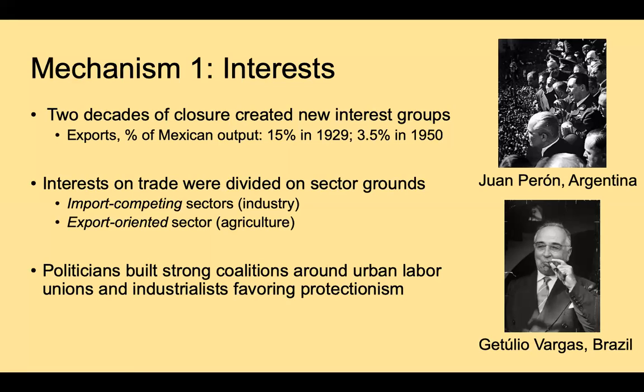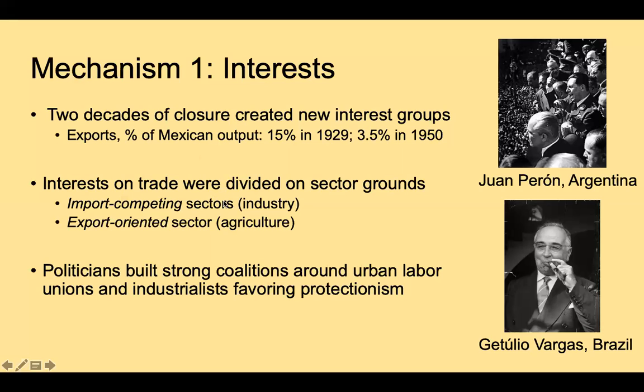And as I'm sure you can imagine, the import competing sectors in industry, the ones who had benefited from high tariffs on imports, like the steel sector, the defense industry, petrochemicals, car production, these sectors benefited from high tariffs.